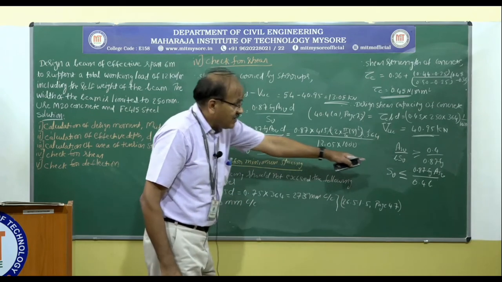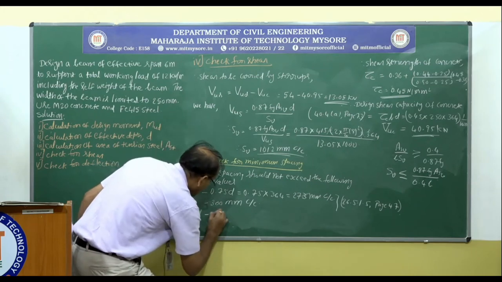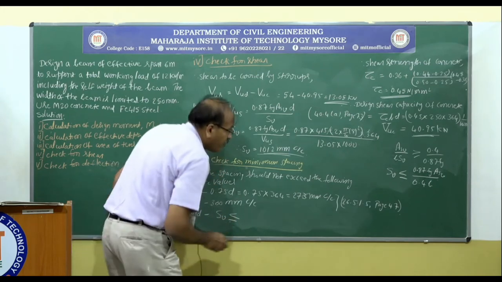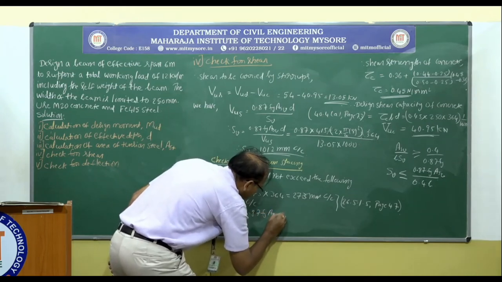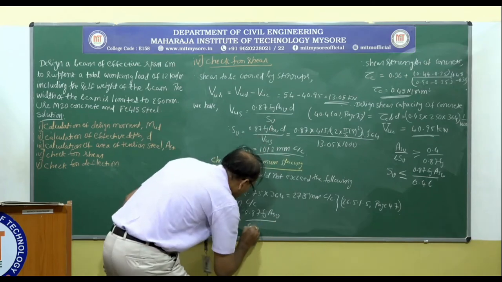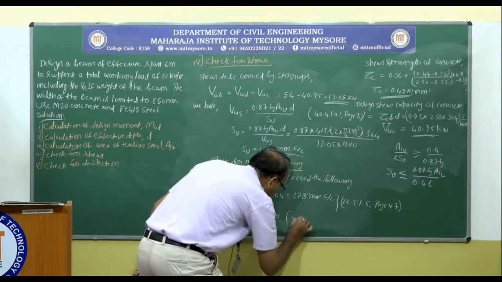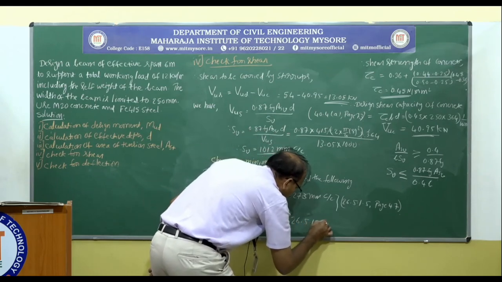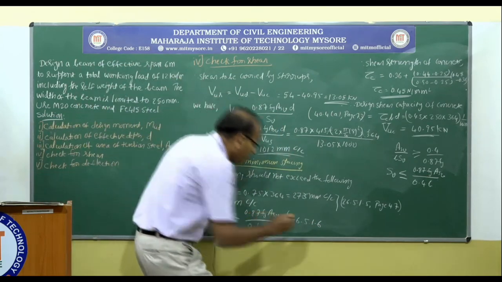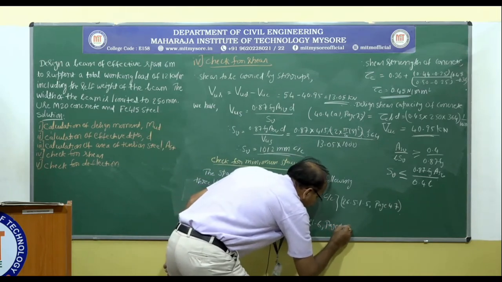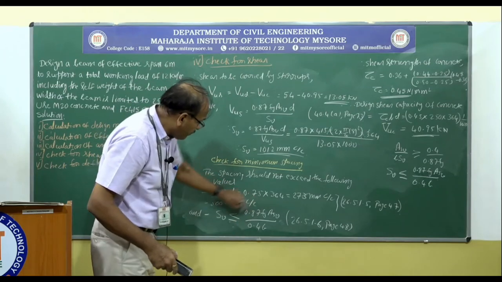So I am going to make use of that, and SV should be less than or at most equal to 0.87 Fy ASV divided by 0.4 B. Okay, this is as per 26.5.1.6, page number 48. Okay. So I am going to substitute all the values in this equation.